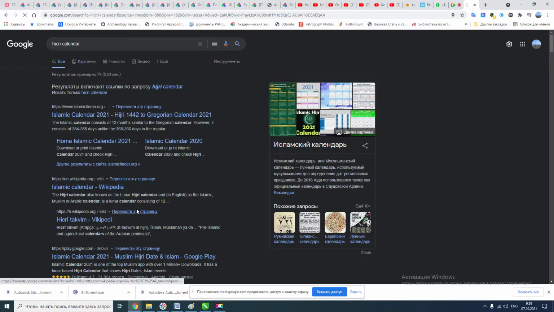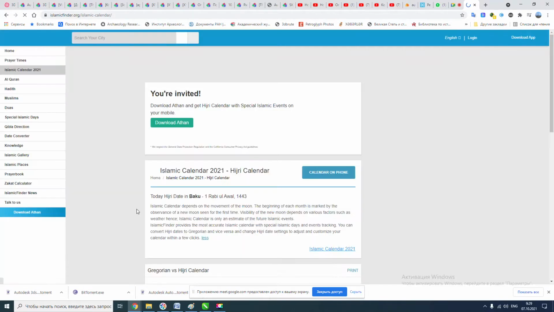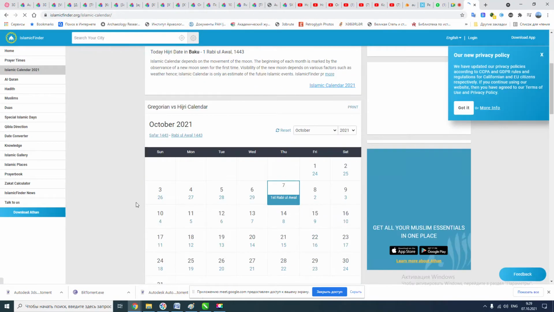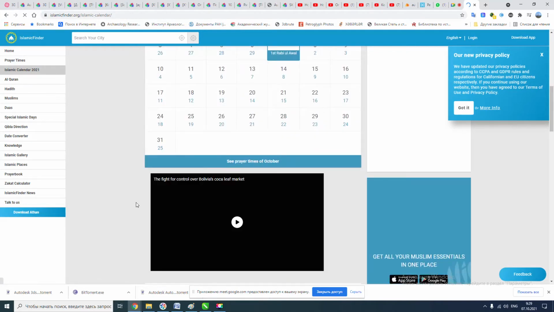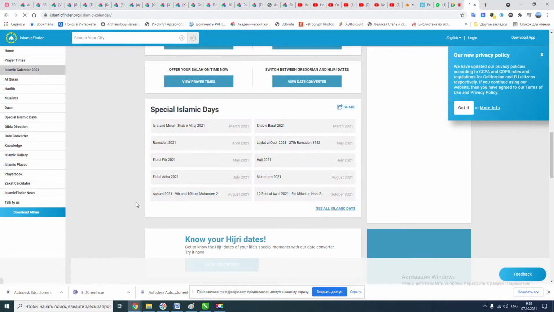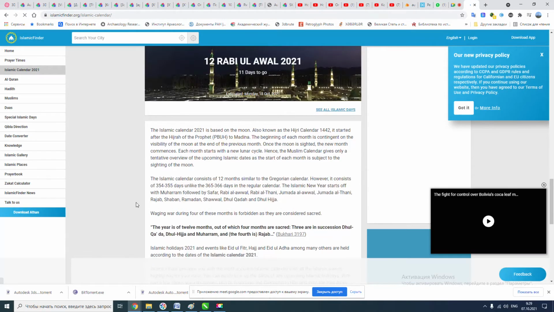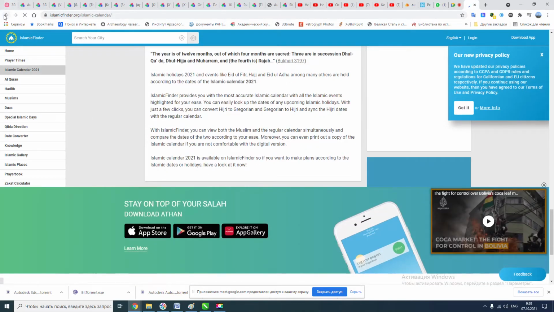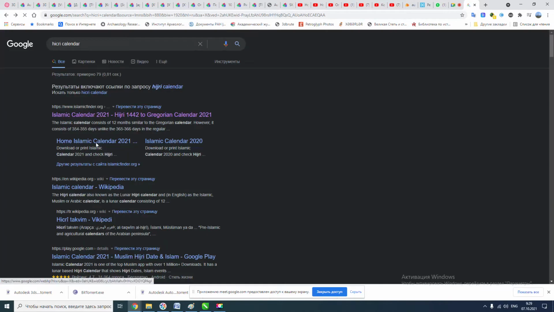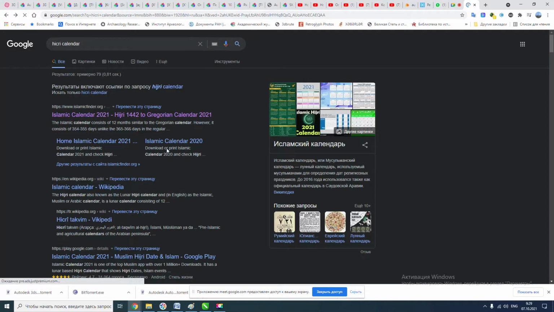What does it mean? Why on my computer is it 2021, but in the Islamic calendar we have 4042?